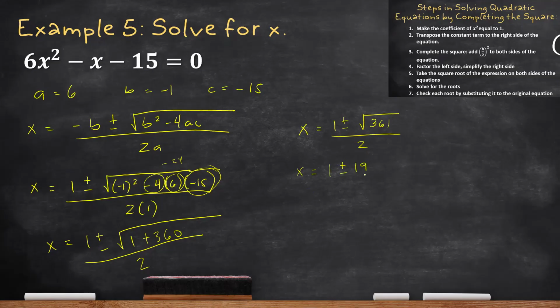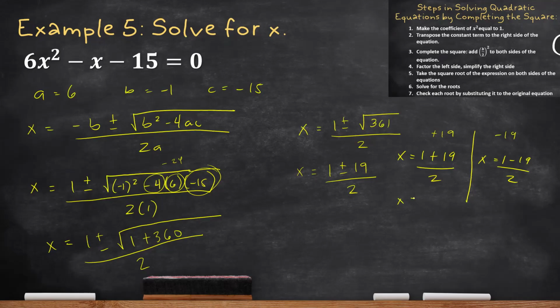So, positive negative 19 all over 2. Operate. Positive 19, negative 19. So, for positive 19, we're going to have x is equal to 1 plus 19 over 2. And then for negative 19, we're going to have x equals 1 minus 19 over 2.